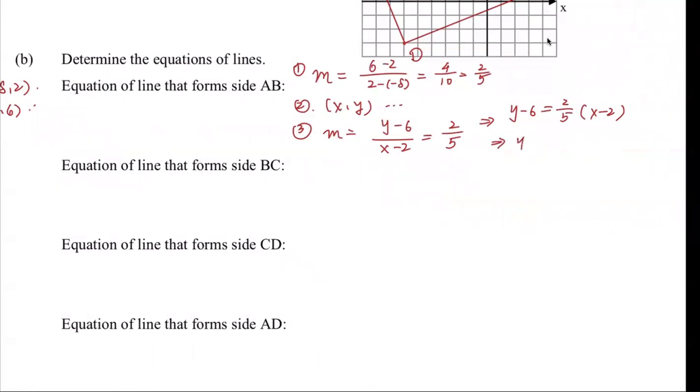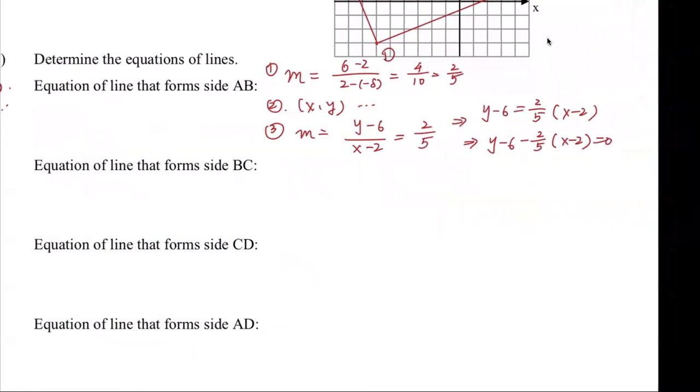And this gives us y minus 6 minus 2 over 5 (x minus 2) is equal to 0, and this is y minus 6 minus 2 over 5 x plus 4 over 5 is equal to 0.